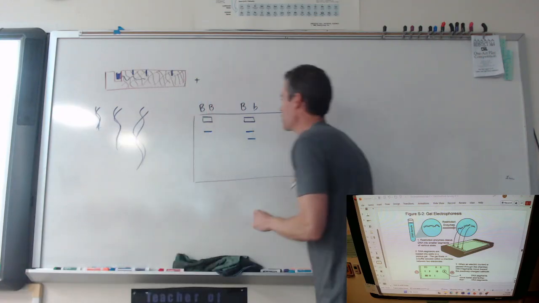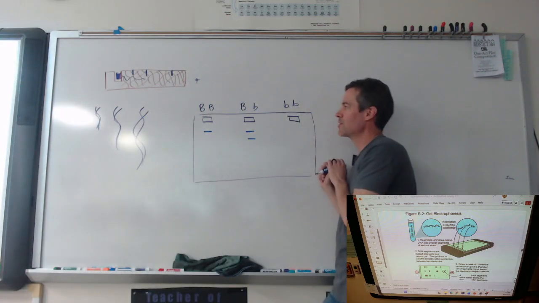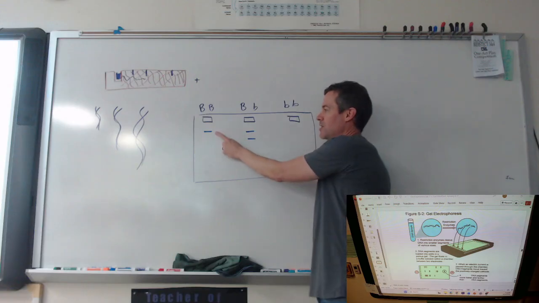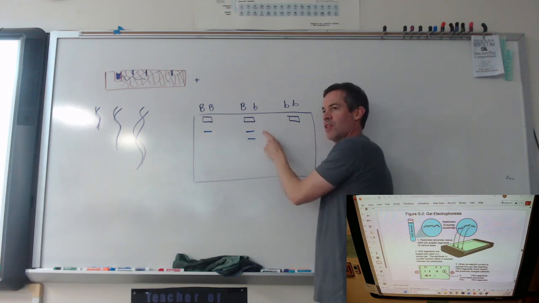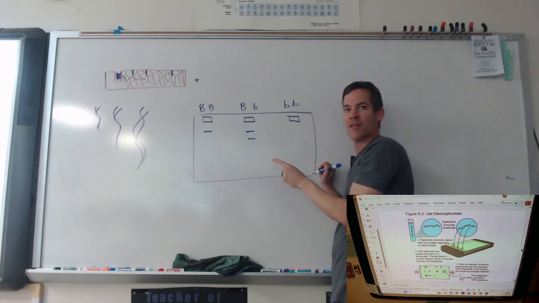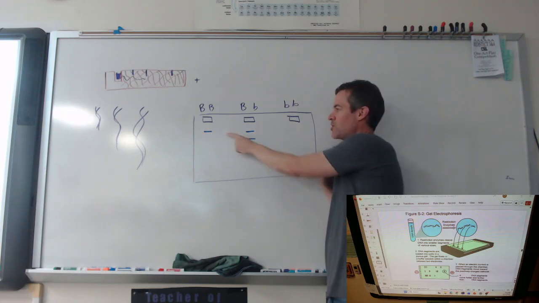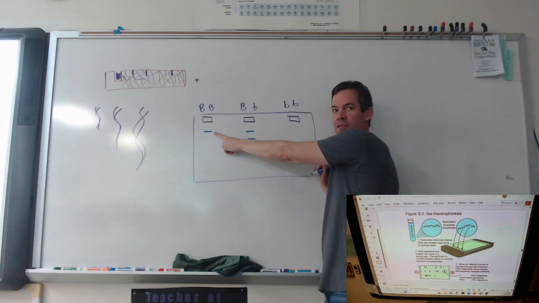All right, so comparing these three bands, do you guys think that that one is thick or thin? Thick. What about these two? Thin. Why is it logical that those are thin and that one's thick? I've got twice as much DNA in one spot.